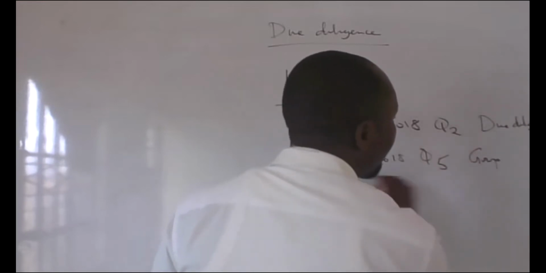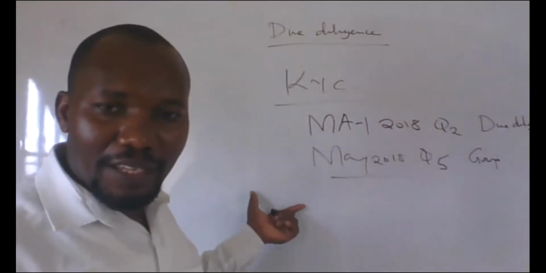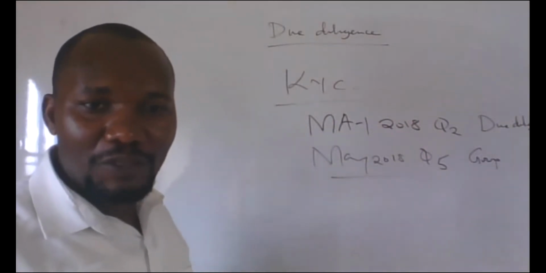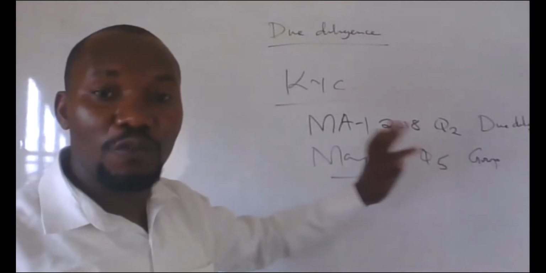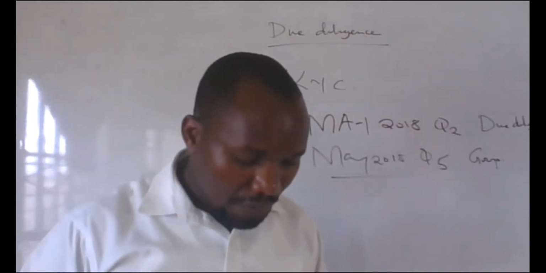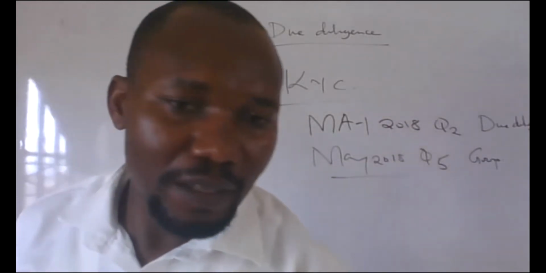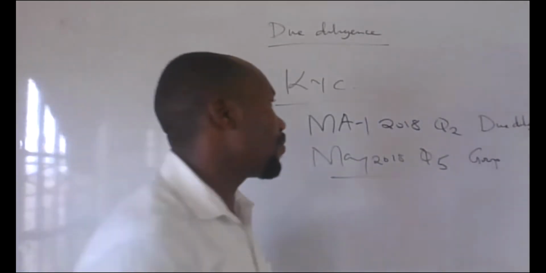Both of them May 2015, 20 marks each. So for advanced level, utaangalia hiyo, we have discussed them. Ukiangalia utapata ni zile vitu tumediscuss. May 2018 question 5 for group audit, and then we have May 2018 question 2B.